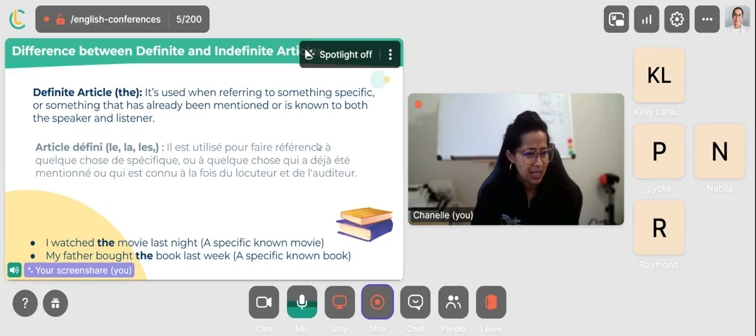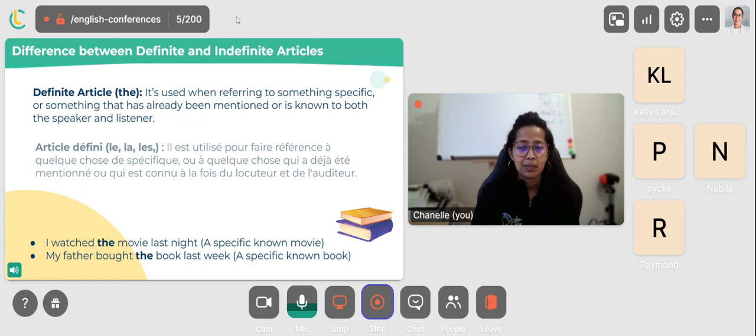So what does that mean? Imagine you are walking in a park and you see a woman with a beautiful dress and she has a dog. And you go home and you tell your friend, I saw a woman and a dog in the park. You have now mentioned just a woman and a dog in general.